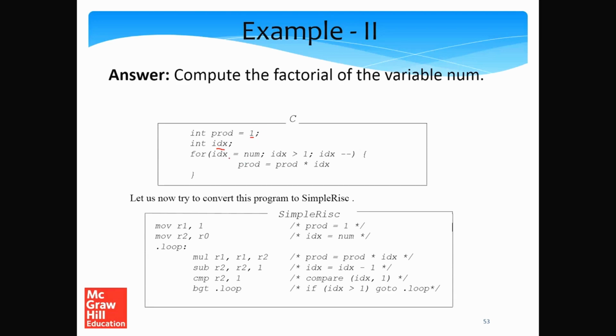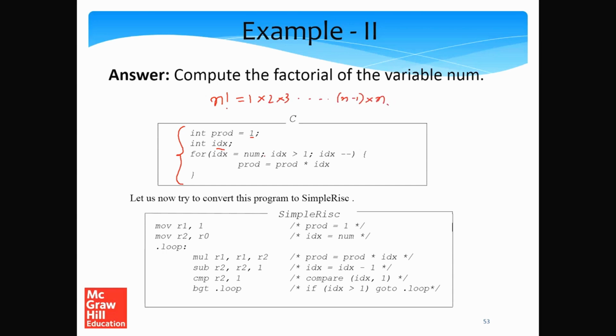In the for loop, we start the index at num and keep going till idx reaches 1, subtracting 1 from the index in each step. This is the multiplicative step: prod equals prod multiplied by idx. This code is enough to compute the factorial of a number. Recall that n factorial is 1 multiplied by 2 all the way till n.